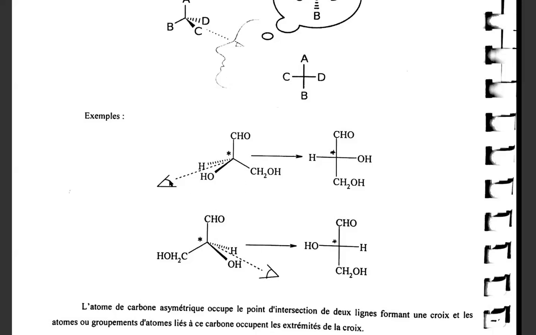If you're looking at it from this angle, there is a hydroxyl on your right and the hydrogen on your left. When you're looking at it from the other angle, it will be hydrogen on your right, sorry, and the hydroxyl on your left.